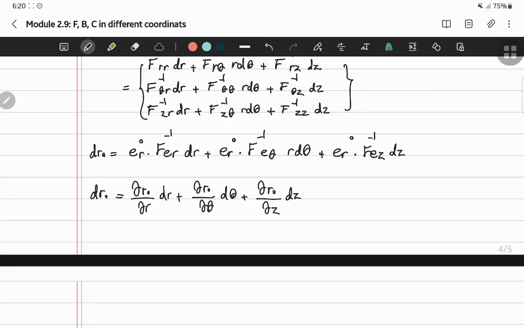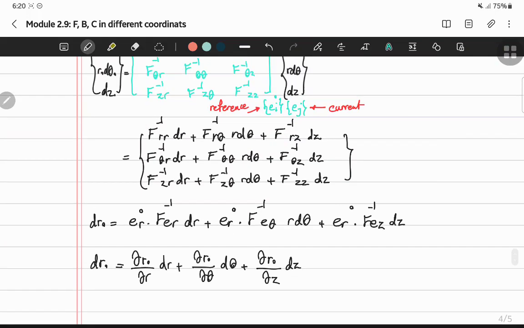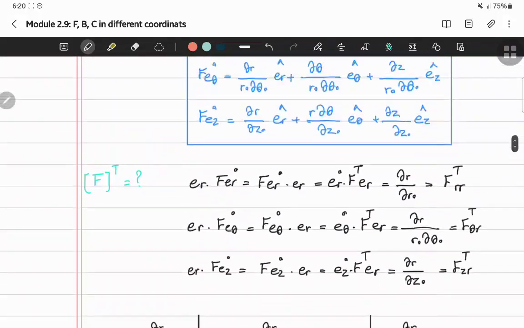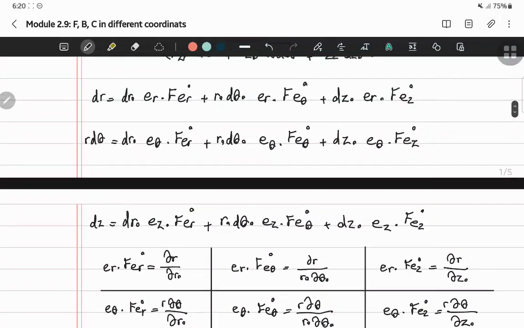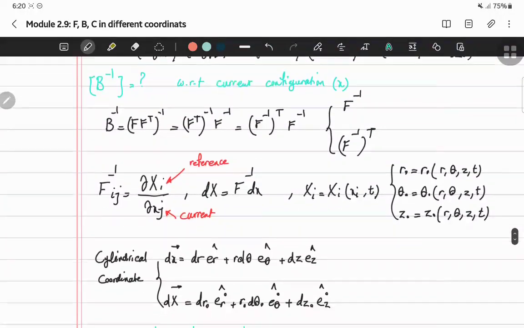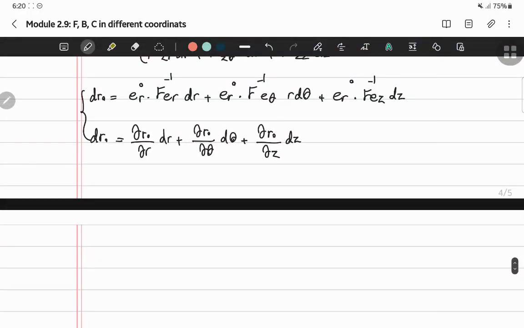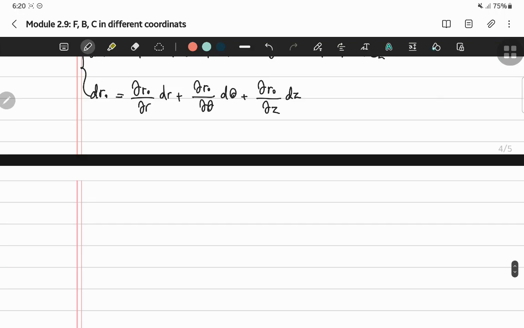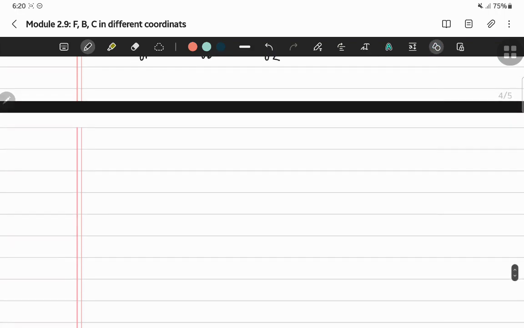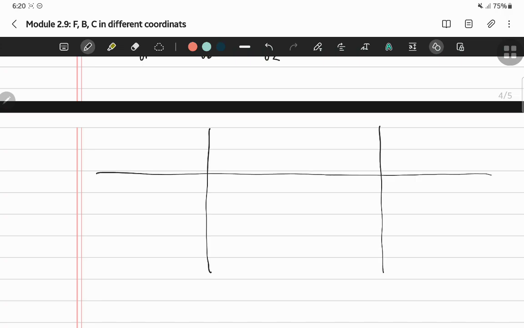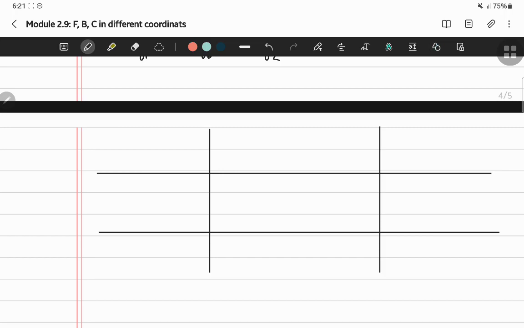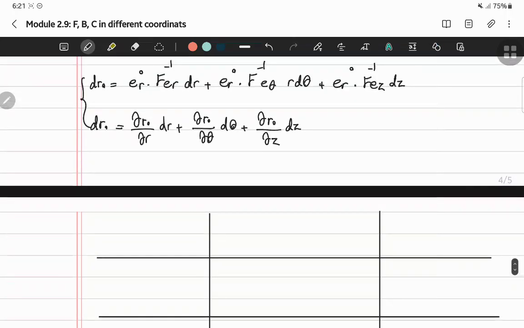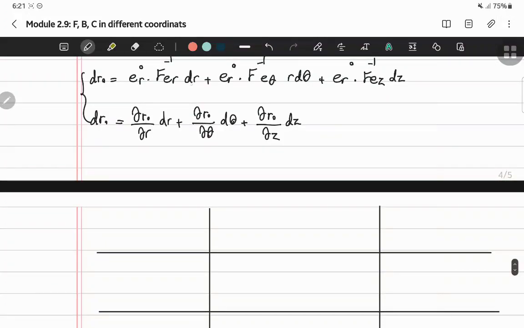So we're going to compare these two together. It's the same strategy we utilized here. By comparing these two, we get, if dr in here, this one is equal to this one.